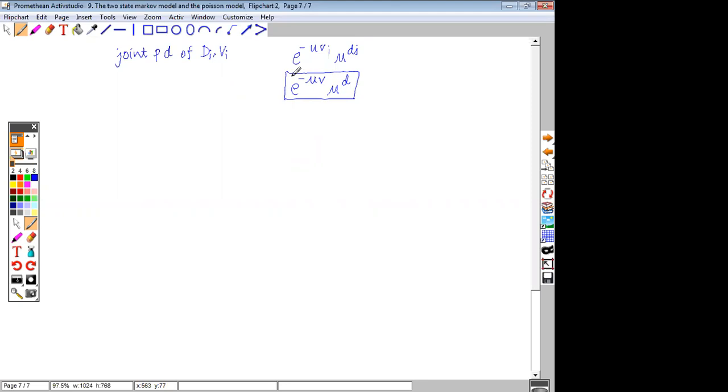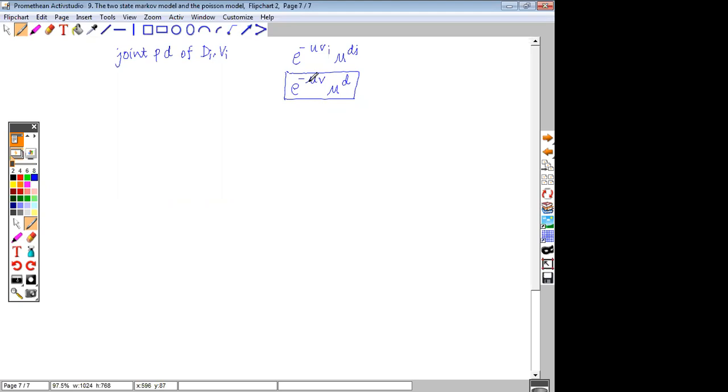Again, we will now use the MLE, the maximum likelihood estimator, to figure out the optimum value, the consistent estimator for this mu, which denotes the transition rate here. We hope that we will get something which makes much more intuitive sense.